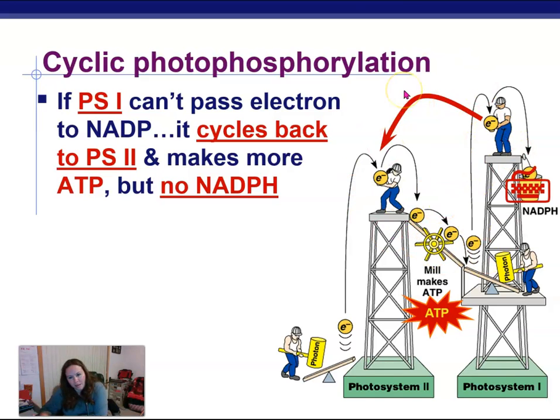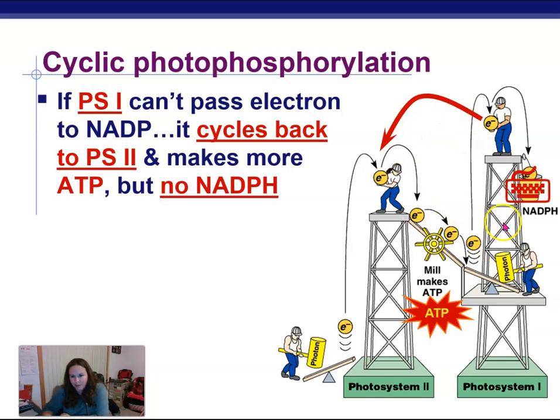But in the end, we can't do this forever because we still need to make glucose. So hopefully the acceptors are going to allow this H to be passed on to the Calvin cycle. But plants can do this, which is pretty awesome. Instead of just standing there and stopping everything, it's like, well, we can't make glucose, but hey, we can make ATP.